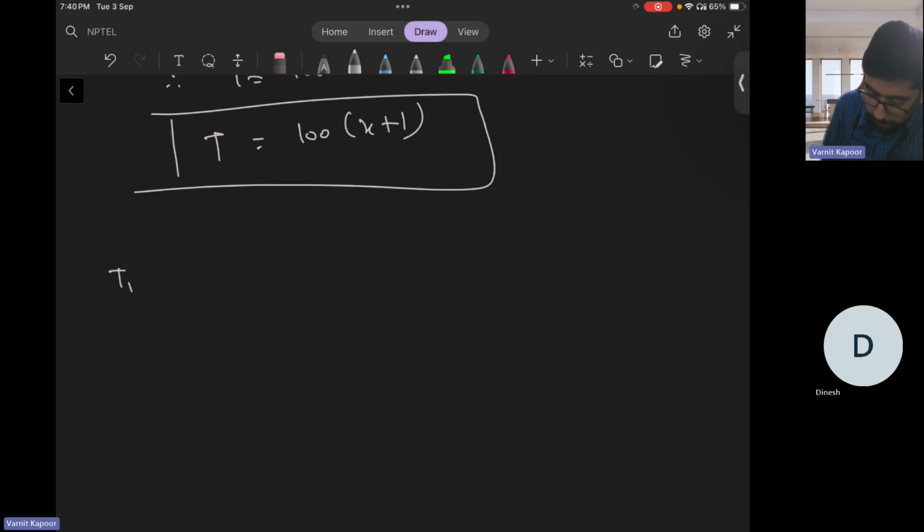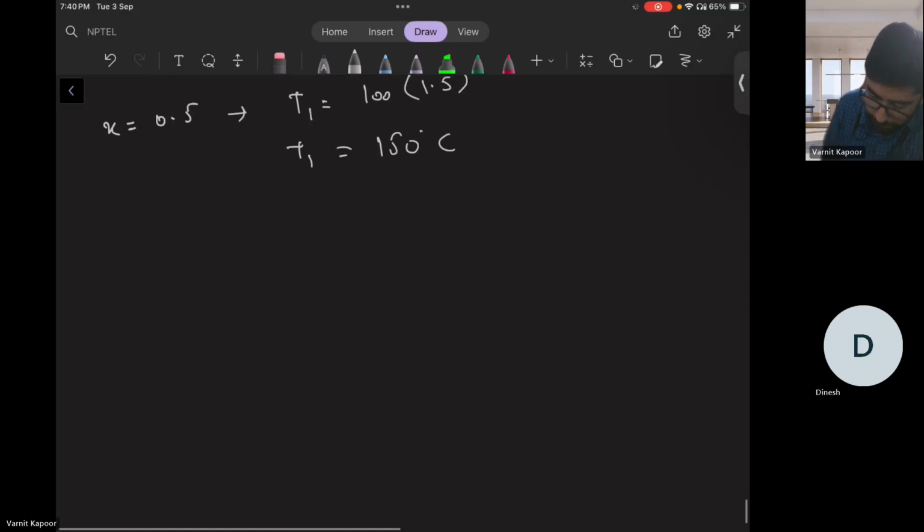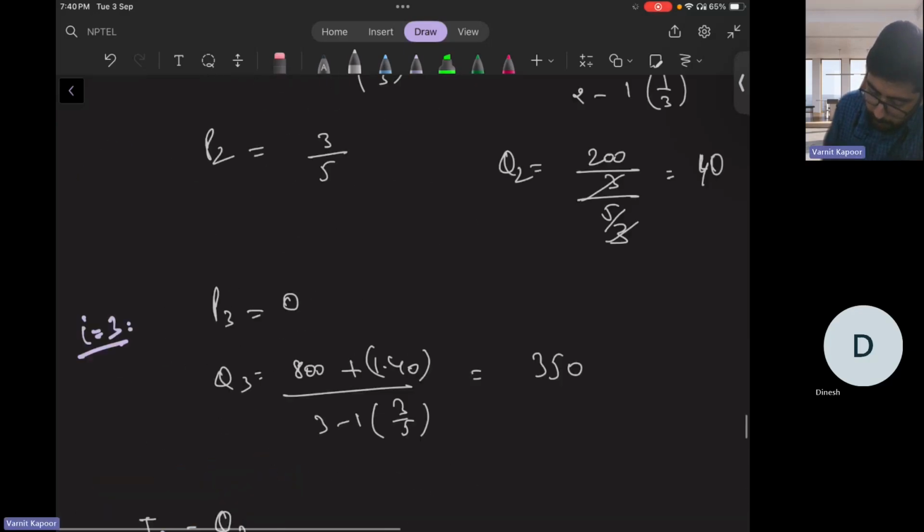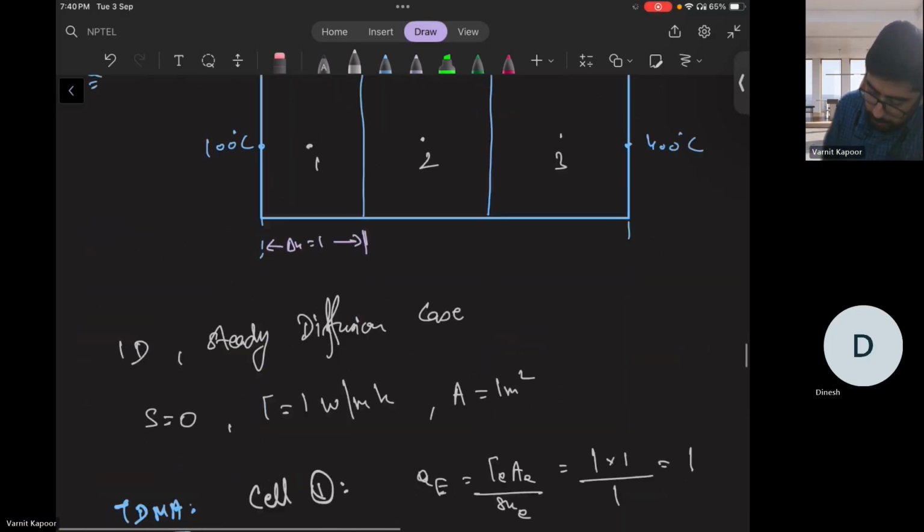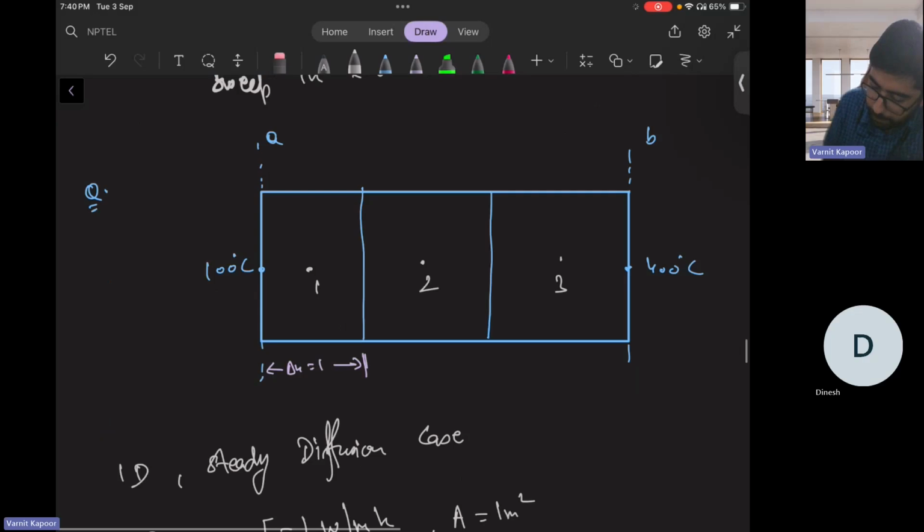So T1, at x is equal to 0.5, T1 will be 100 into 1.5. That is 150 degrees Celsius. Correct. Then x is equal to 1.5, you will get T2. How? If you see the figure, this was the figure.